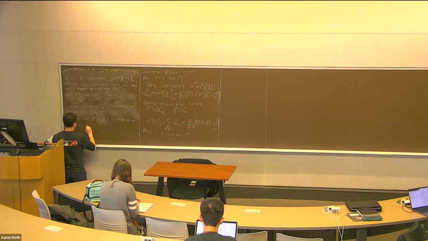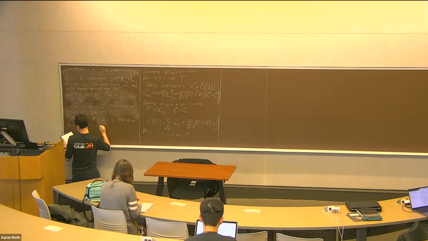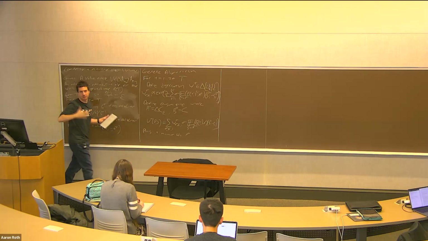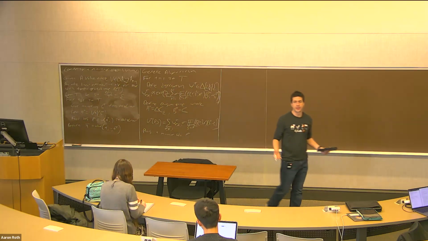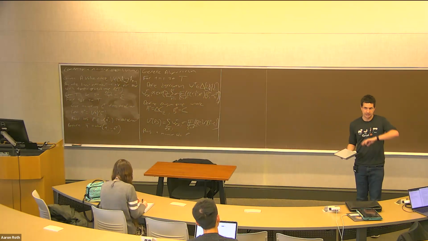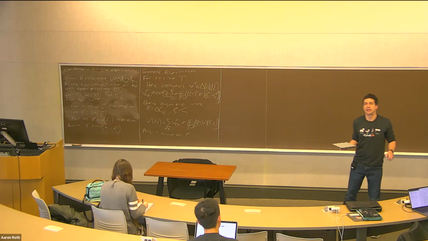we return a bar, which is the uniform distribution over the actions played by the learner over this interaction, the output we got from the value oracle over these T rounds. Okay, so this is an algorithm we analyzed months ago at the beginning of the class.